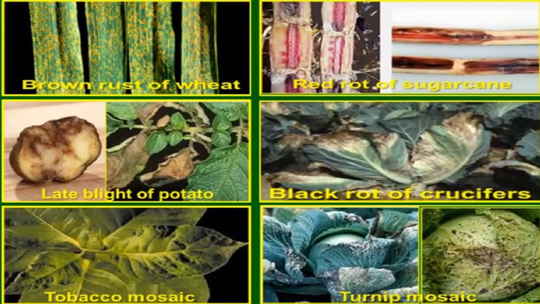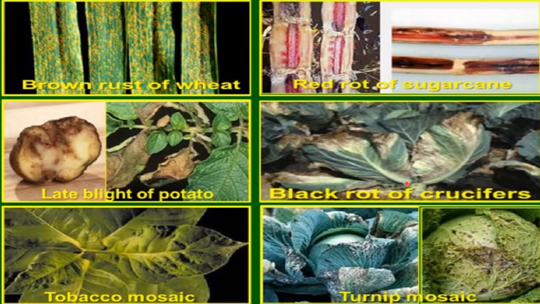Now these are the pictures of some plants affected by these different bacteria, fungi and viruses. Okay, so see here, this is called brown rust of wheat, caused by fungi. This is red rot of sugarcane, also caused by fungal infection. This is late blight of potato. As you can see here, this potato is affected by late blight.